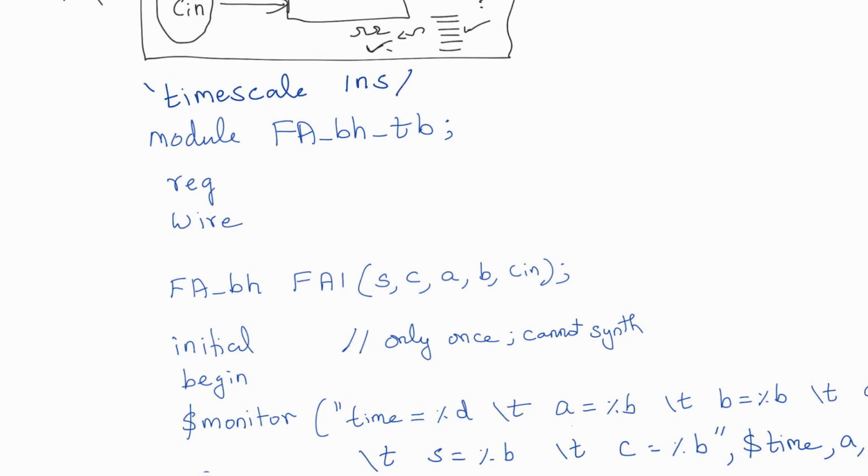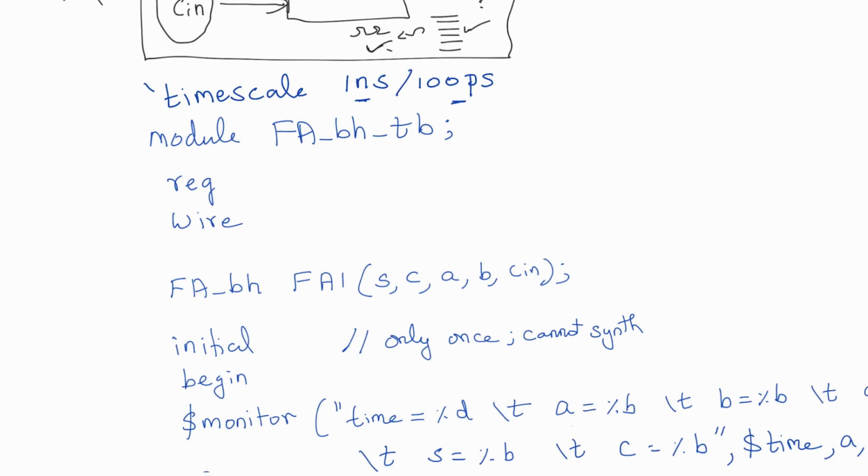So precision, I want it to be 100 picoseconds. So whenever you say #10, #100, that will follow this nanoseconds. So that will be multiplied by this time unit that you give. So when I say #10, it means 10 nanoseconds. And picoseconds is for value resolution.